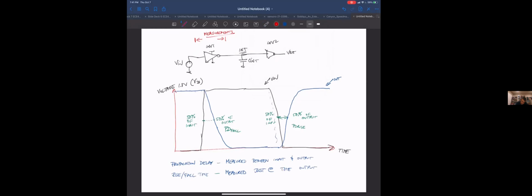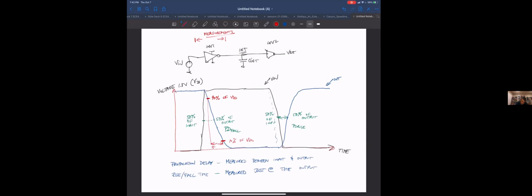When the output is falling, it's specified from the 90% point of VDD, so from the time the output goes to 90% of VDD to 10% of VDD. Notice I'm not really even looking at the input.